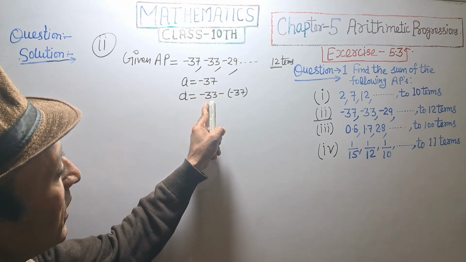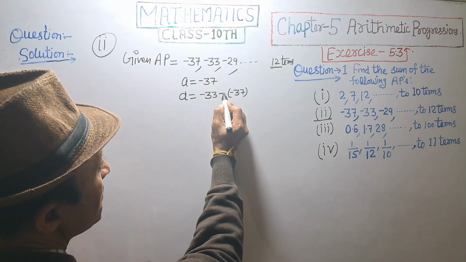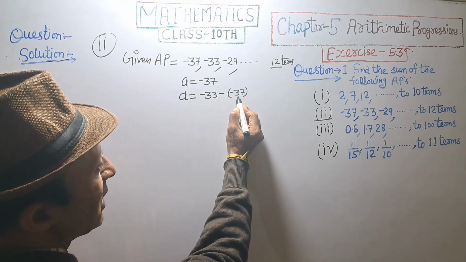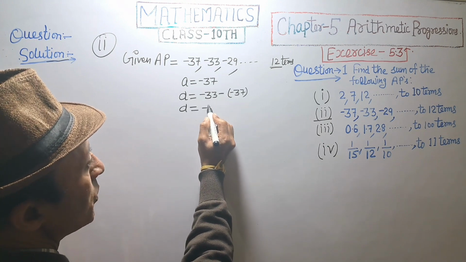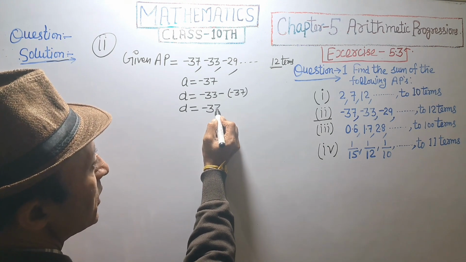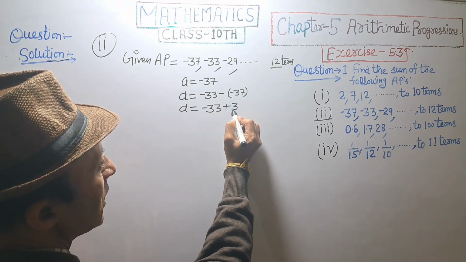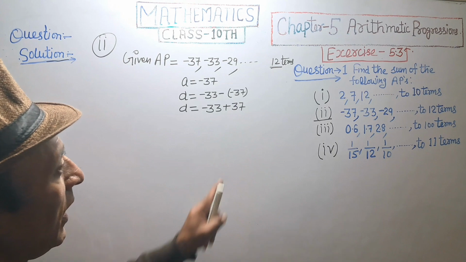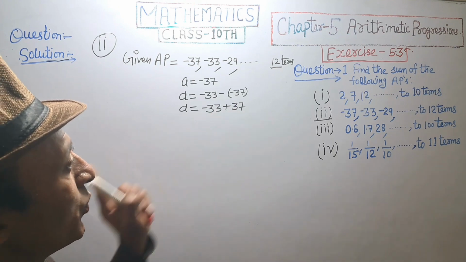Second term is here minus 33. Second term minus first term is minus 37. Then common difference is equal to minus 33 minus into minus, that is plus 37, and 37 minus 33 is equal to positive 4.